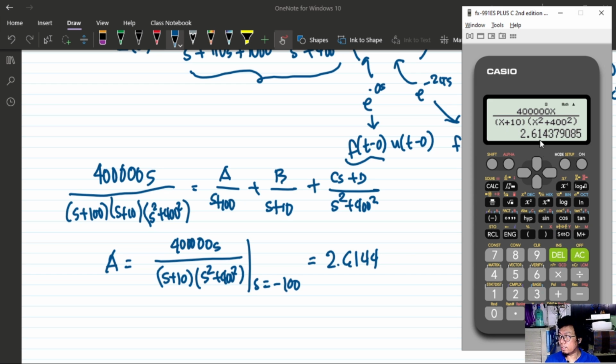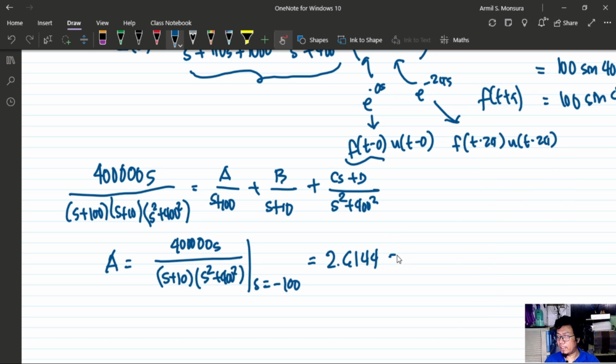Using a truncated decimal, we have 2.6144. That's for A. We may want to store this to A so that we will use it later when we compute C and D, so that we will be using exact values. Or we can take note that this is 400 over 153.